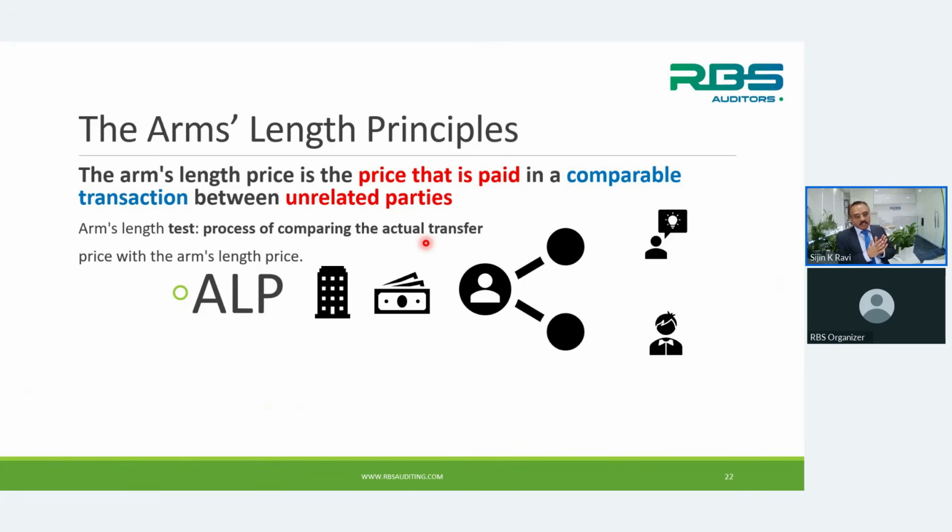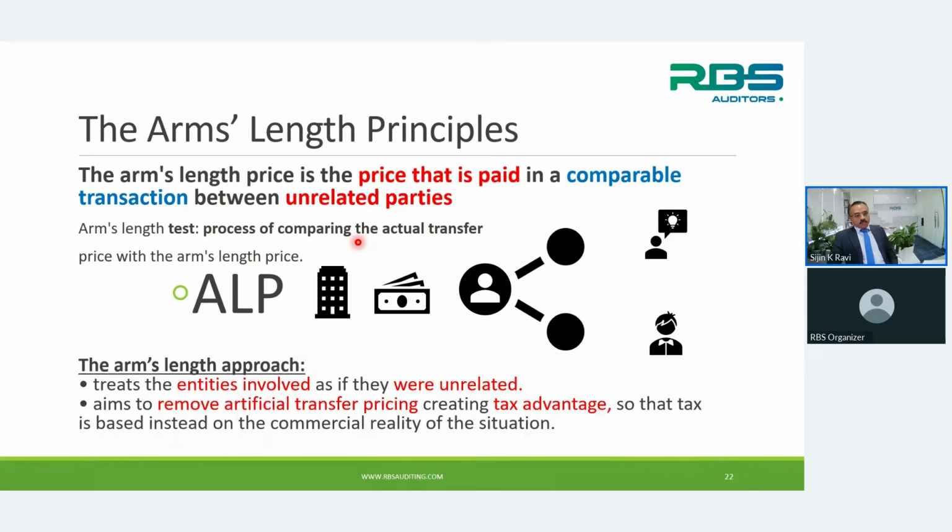That means whatever price you decide within arm's length, you have to adjust the related party prices to it. So there is an arm's length test process for comparing the actual transfer price with the arm's length price.